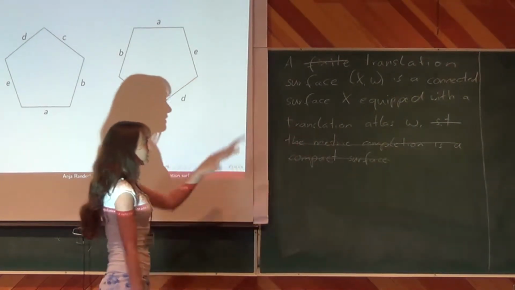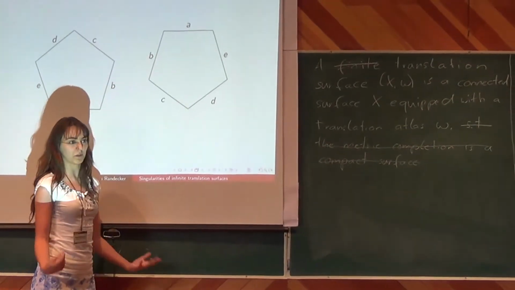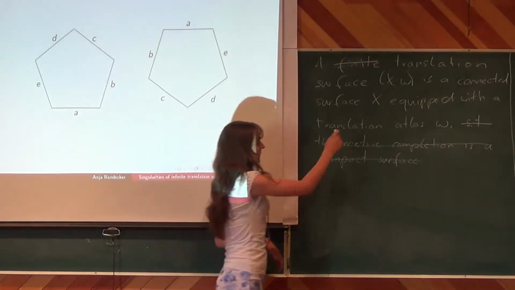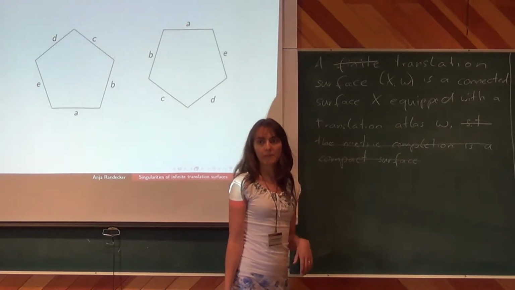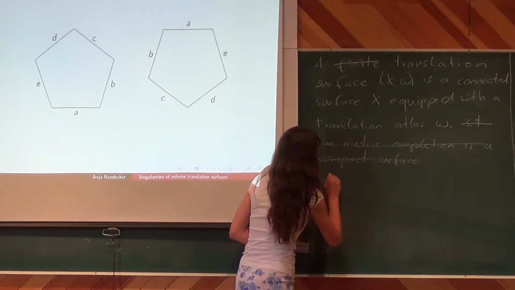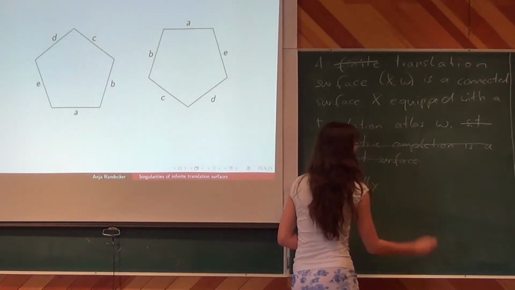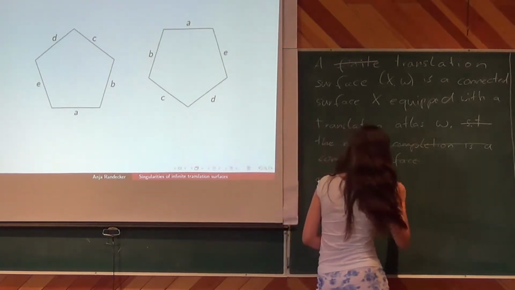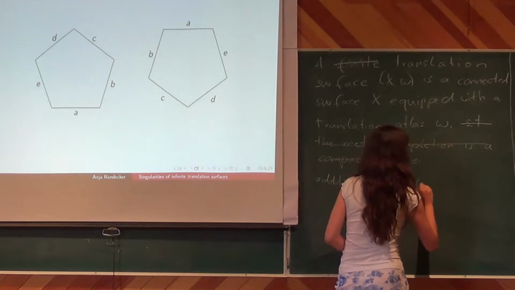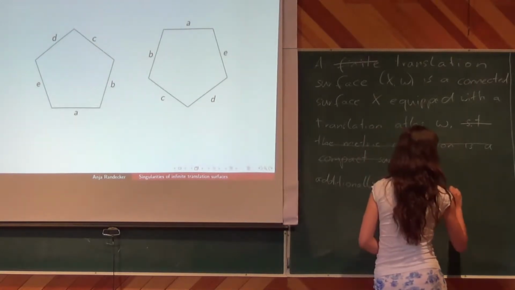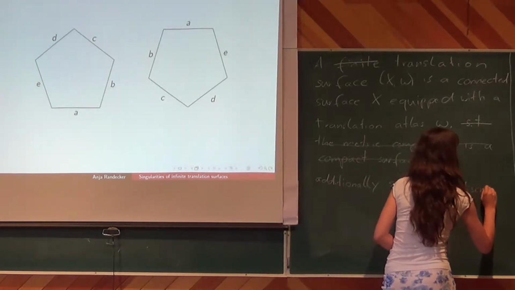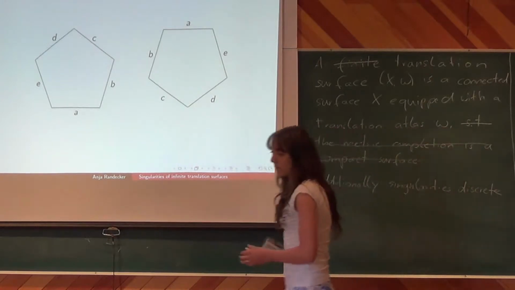So for me, a translation surface is a connected surface with a translation atlas. And what I want additionally is that the singularities shouldn't be too bad. They should be discrete. So that is the setup.